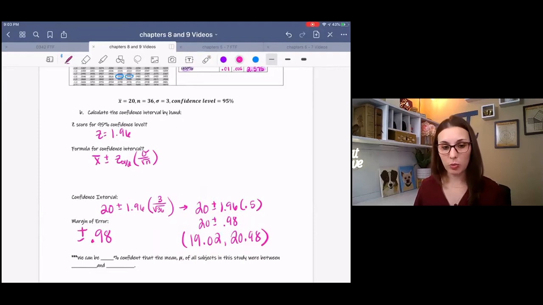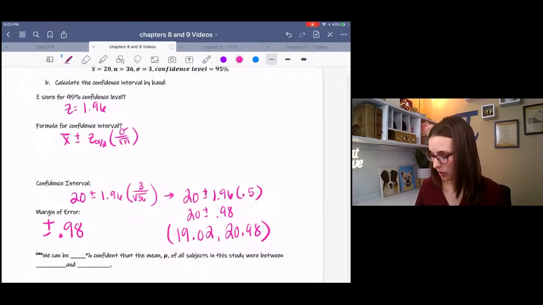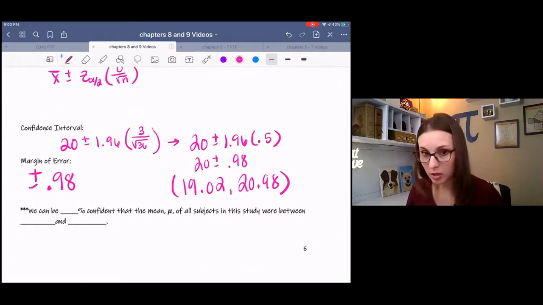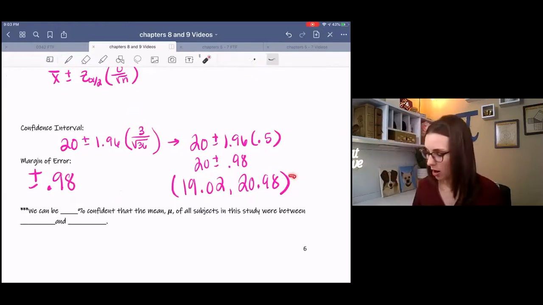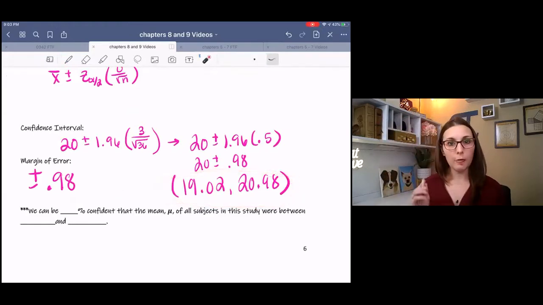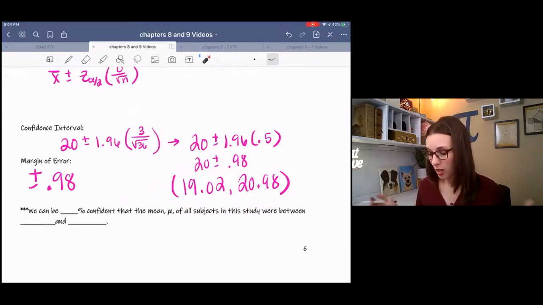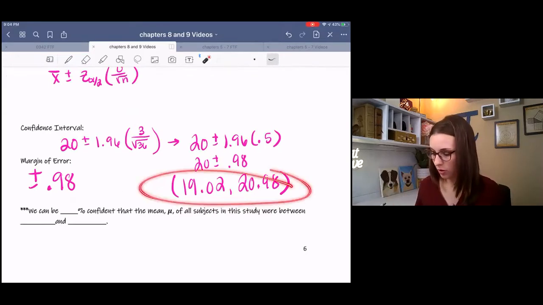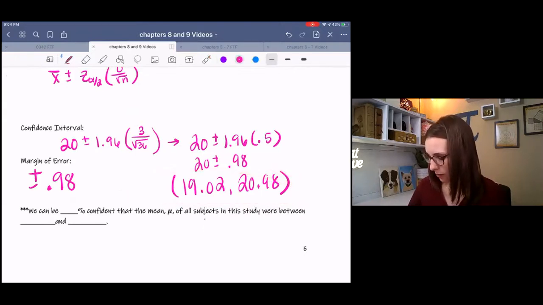Now let's say, for example, I didn't ask for this here, but let's say you're just given the confidence interval. And from that, they want you to find the mean. Well, we know that the mean is in the center because we based our confidence interval off the measure of center. So if you're just given the interval, then you can find the center by averaging the two endpoints.